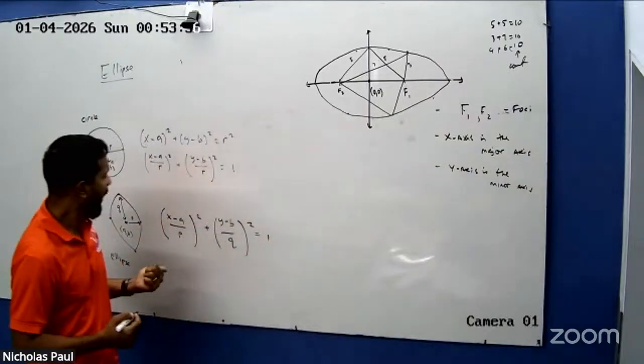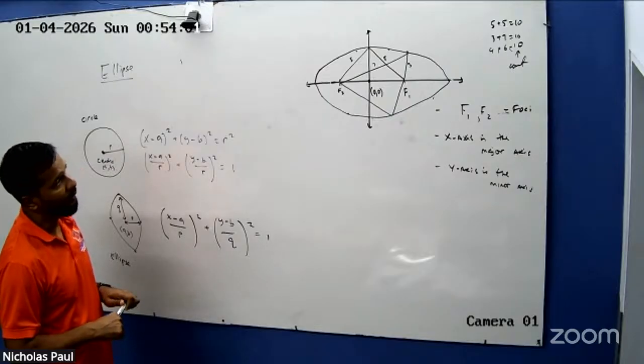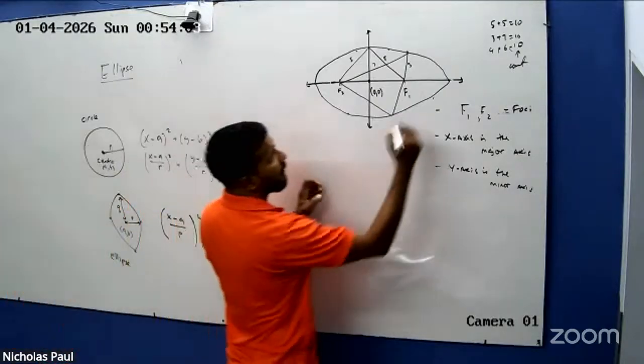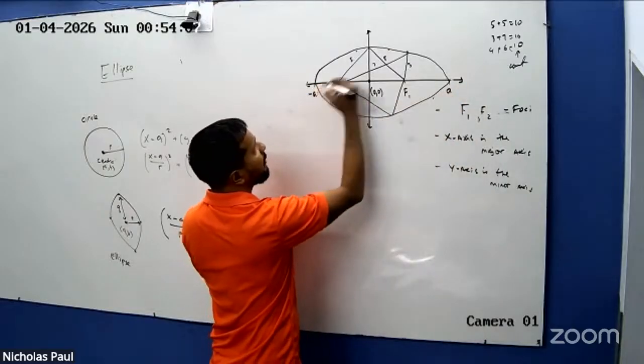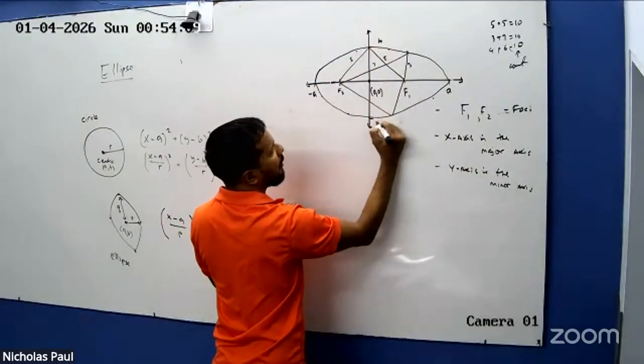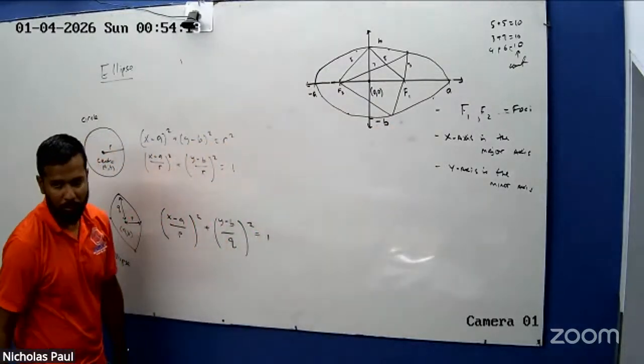Right? Based on what we learned here, we can get our equation. Put in these values. Put in the A and the B and the minus.